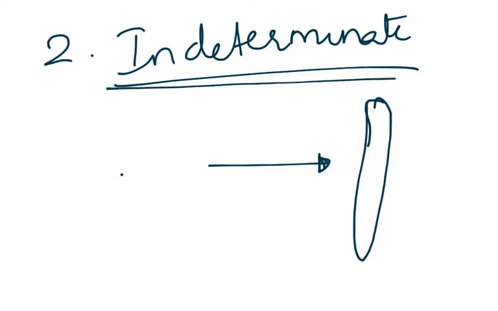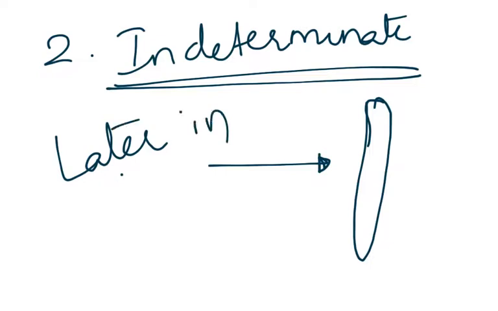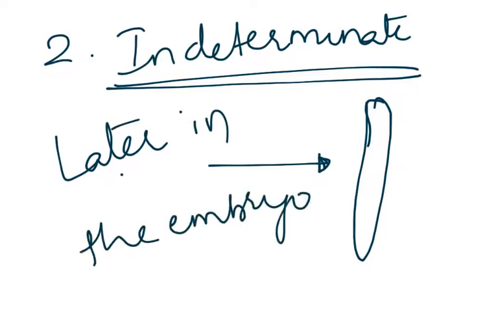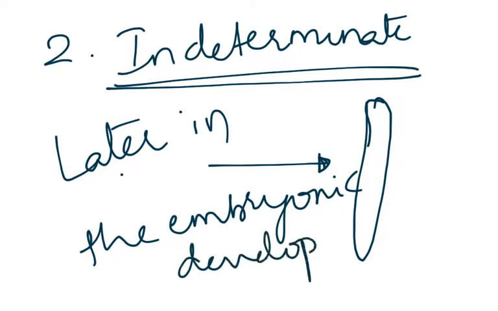Then why is it called indeterminate? During the process of development, if the determination occurs late in the embryonic development, we call such type of cleavage indeterminate type of cleavage.